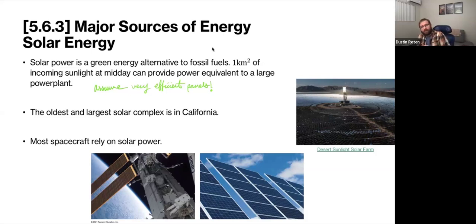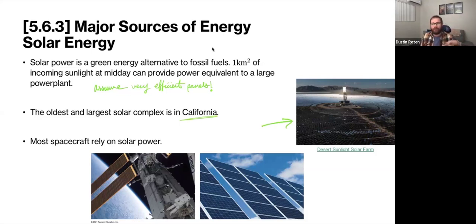Another tidbit, the oldest and largest solar complex is in California. I don't know if it's still the largest, but it's definitely a sight to behold. It's the Desert Sunlight Solar Farm. If you fly into LAX or Burbank, you can actually see it from the plane, and it's incredibly bright.